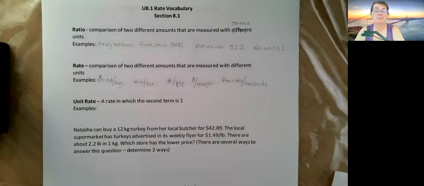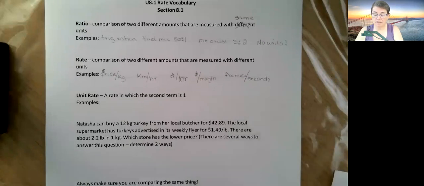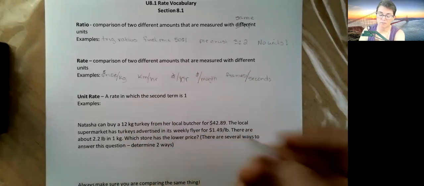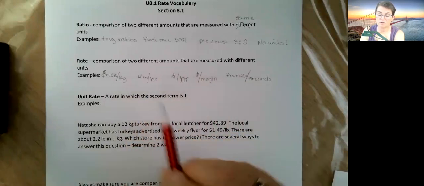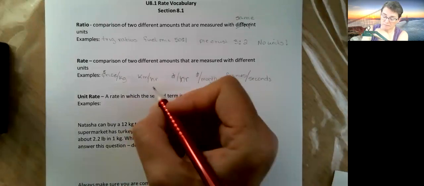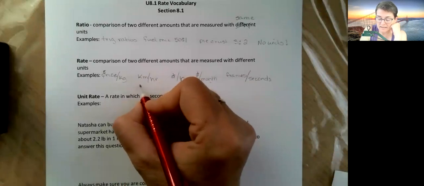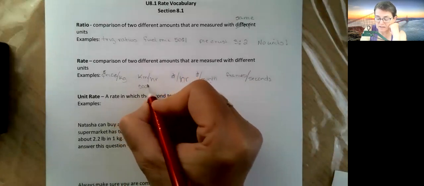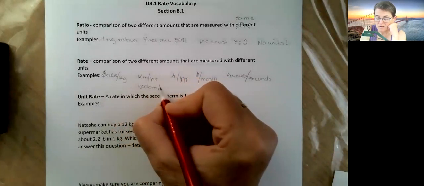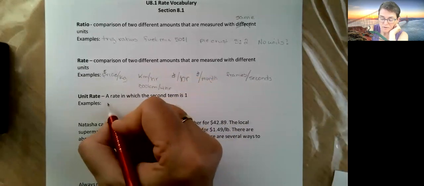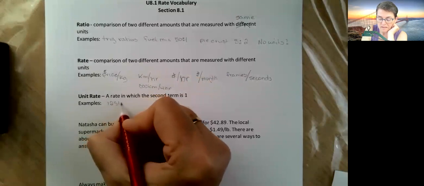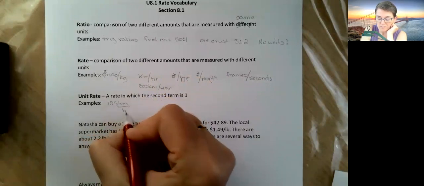All right, a unit rate is a rate in which the second term is 1. Well, most of these would be unit rates. But here, for example, I could say I went 500 kilometers in 4 hours. But a unit rate would be 125 kilometers per hour.